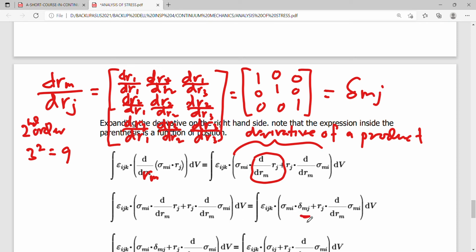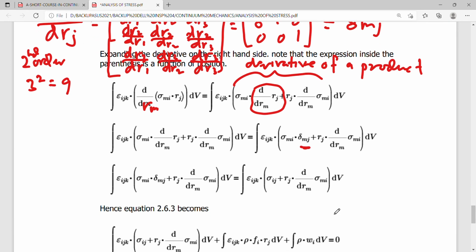Notice that there appeared a delta m j in the simplification of this. Plus, this is a stress tensor which is not given, so we cannot simplify this further and put it as it is here. Then upon doing the contraction procedure on delta m j sigma m i, I can make use of a sigma i j, which is this one, plus r_j d sigma m i / dr_m.